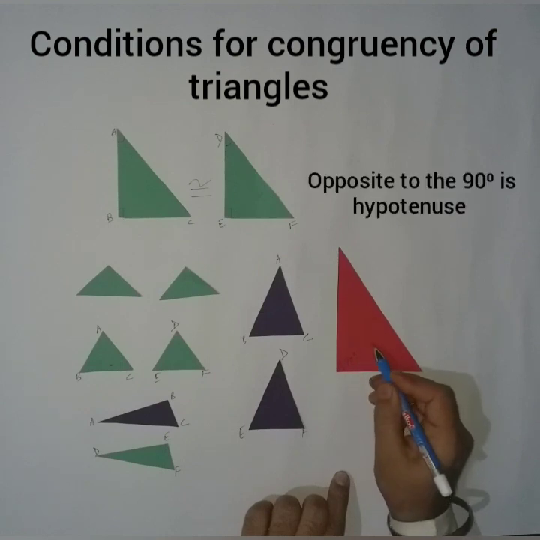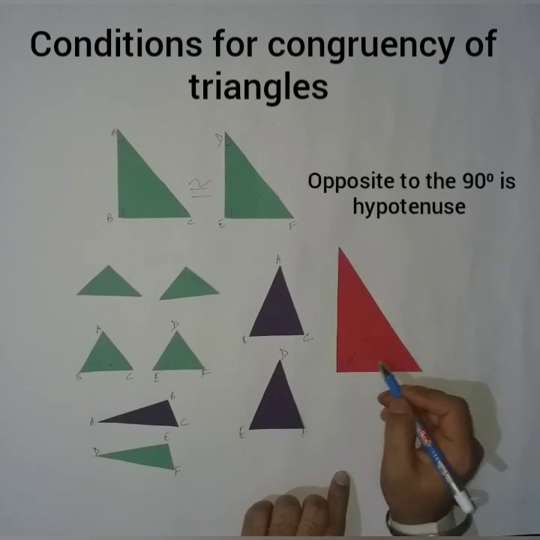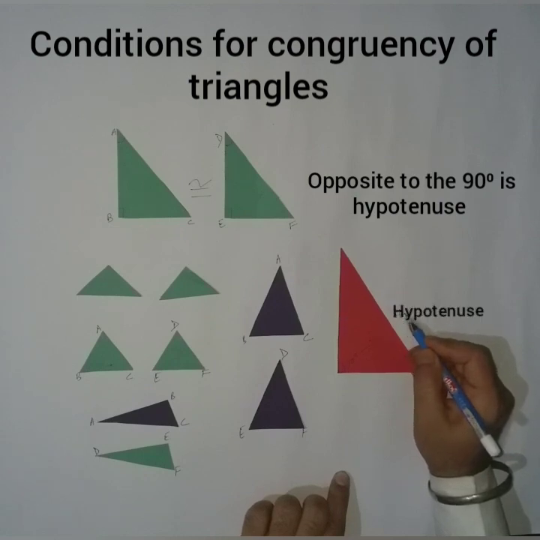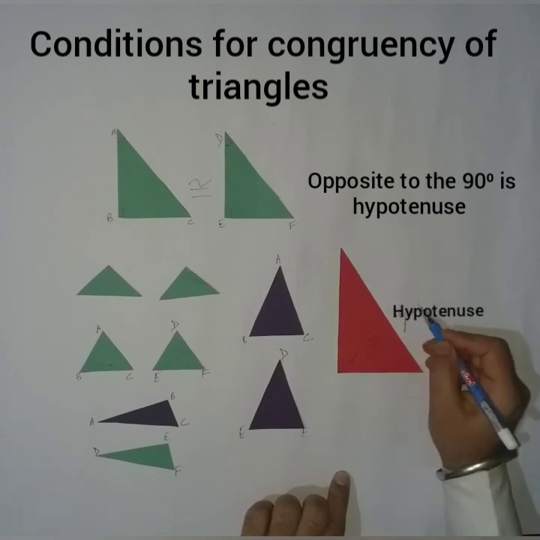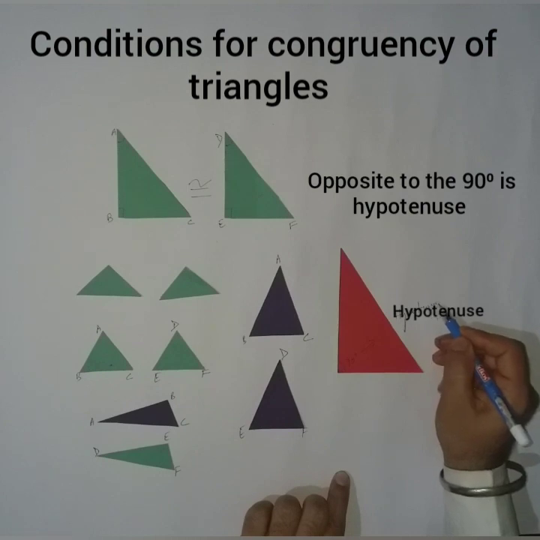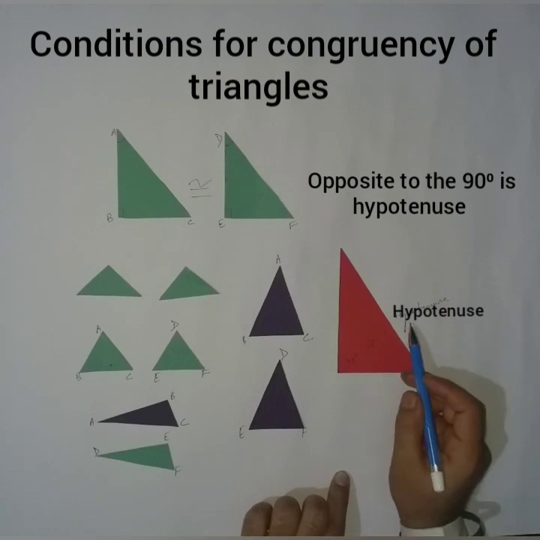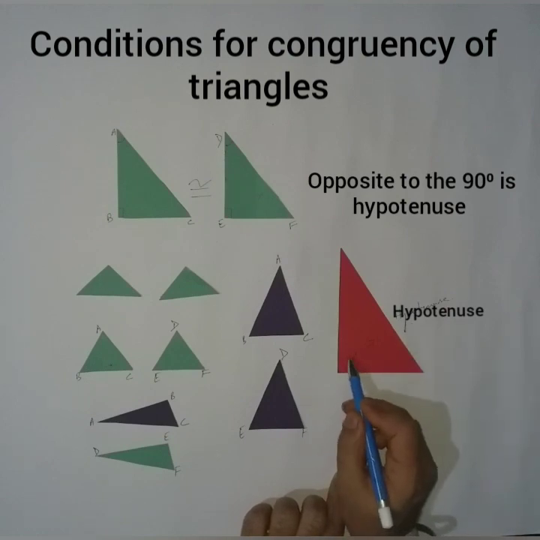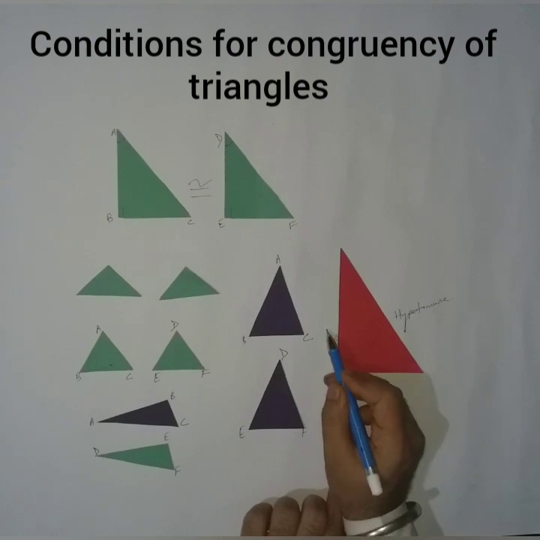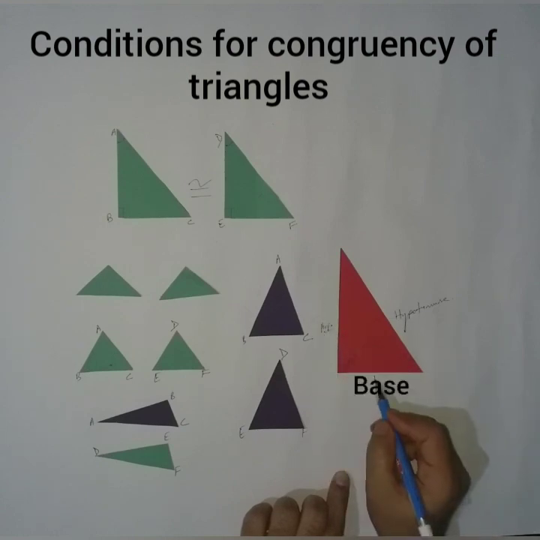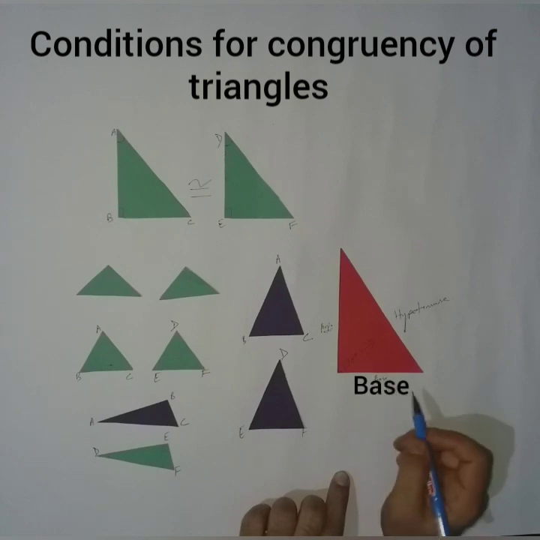Opposite to the 90 degrees, the side is called the hypotenuse. This one is the perpendicular, and this is the base of the right angle triangle.